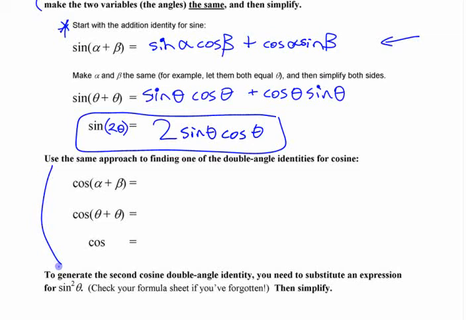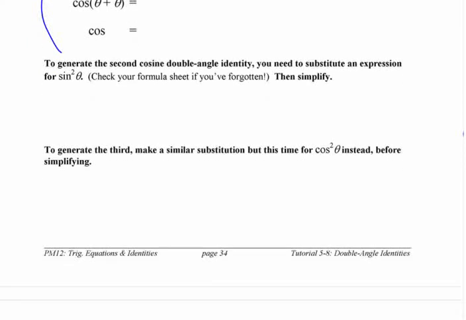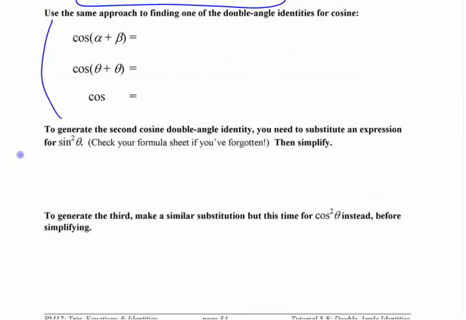All right. Other things we're going to do with this: once you get this one, you should end up with what we had on the first page, which is cos 2 theta is cos squared minus sine squared.